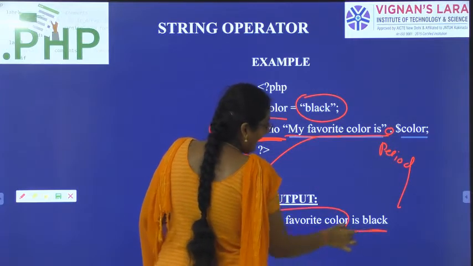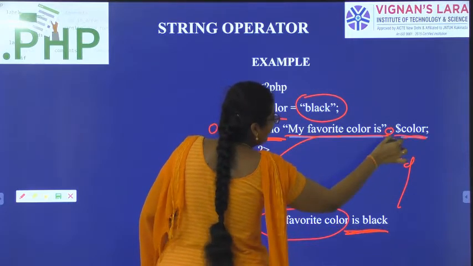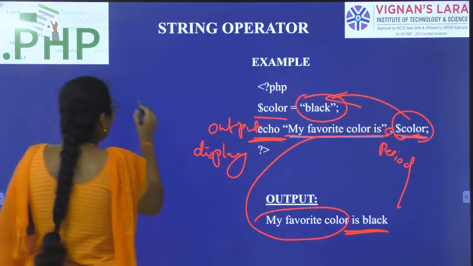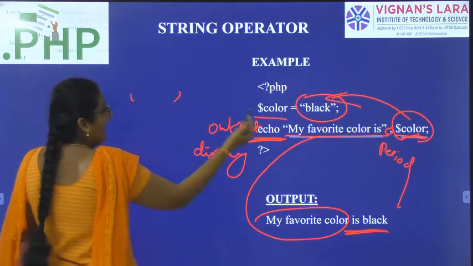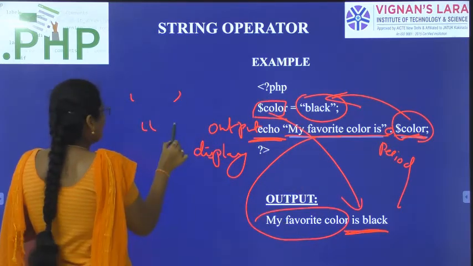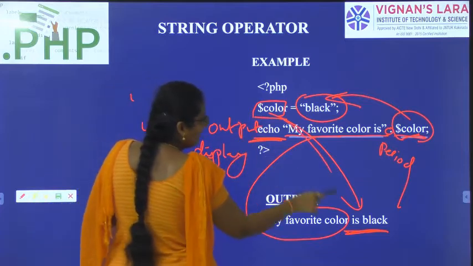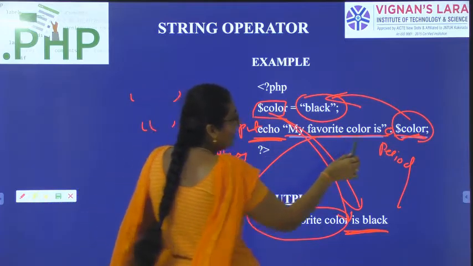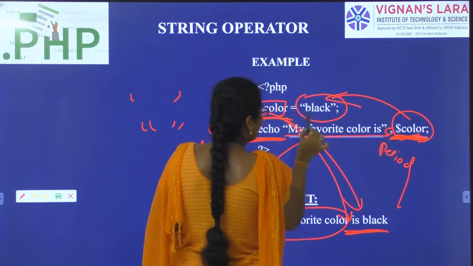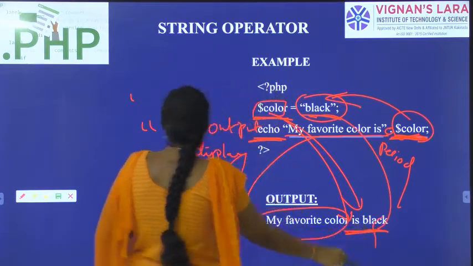What I wanted to add for this, dollar color. What is dollar color? Black. If I use single quotation, I will get this dollar color as it is to here. If I use double quotations, I will get some other value here. So I am not using any quotations here, so that the value of dollar color is black. That black came to the output.